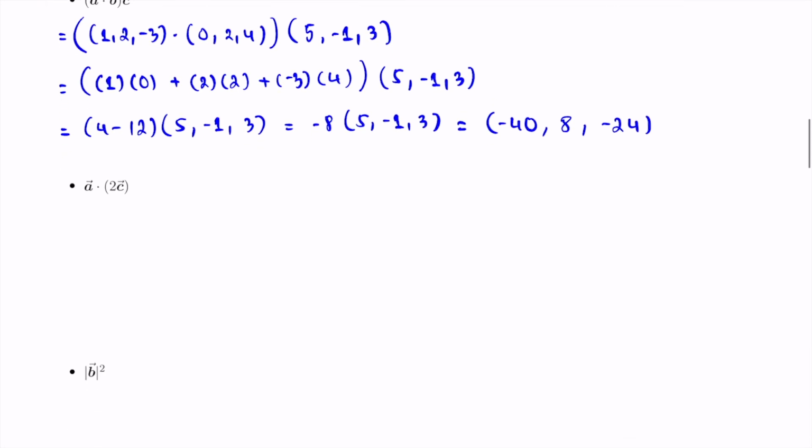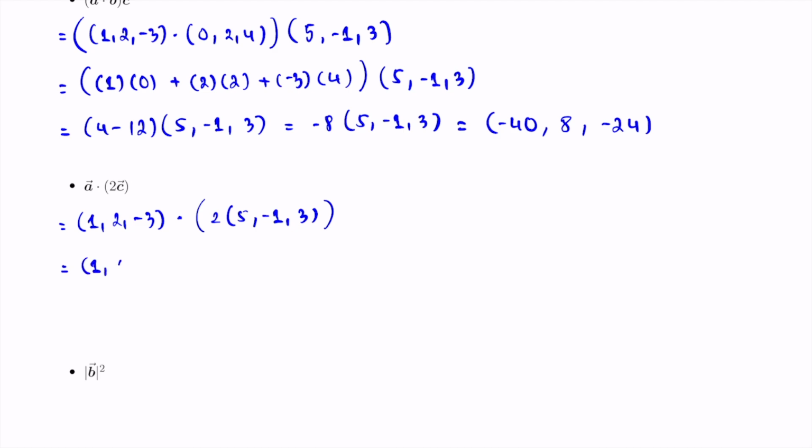Now next we do a dot with 2c. So you're going to scale the vector c first and then apply the dot product for a and the resulting vector of 2c. So a again is equal to 1, 2, -3. You dot with 2 times vector c, which is 5, negative 1, 3.